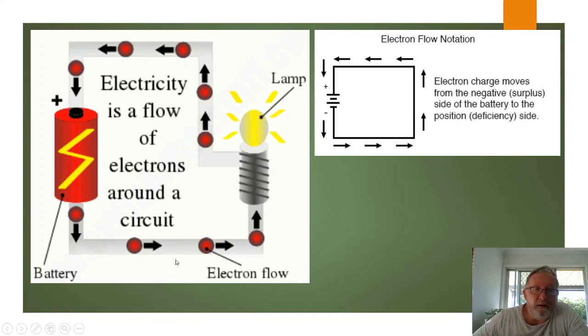And in this diagram here, it flows through the load or the lamp and back to that end of the battery. And then over here in this diagram, we've got the negative part of the battery, the positive part of the battery, and the electricity will flow. So the electron charge moves from the negative, which has a surplus of electrons, through to the positive end, which has a deficiency of electrons.